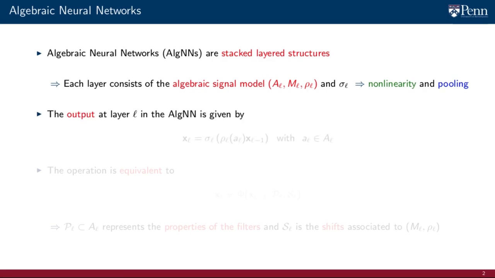At layer L, the input x sub L minus 1 is first processed by the filter rho sub L of A sub L for the intermediate feature.